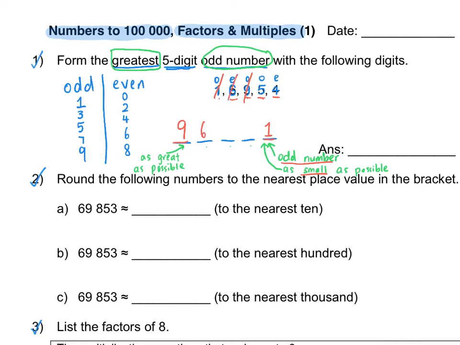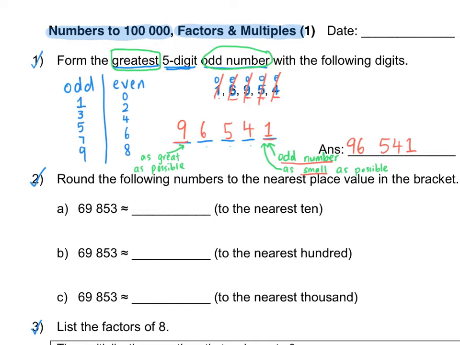Good, we write as we strike. Followed by digit 5. We write and we strike. And finally digit 4. We write and we strike. So the answer for question 1 should be 96,541. This is the answer for question number 1.